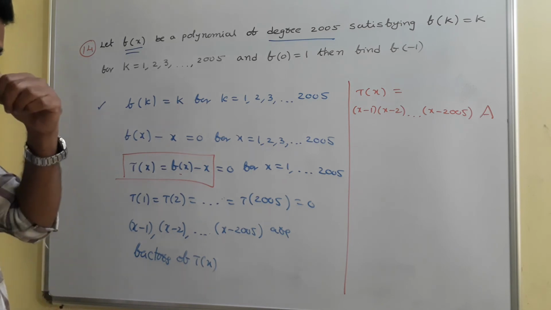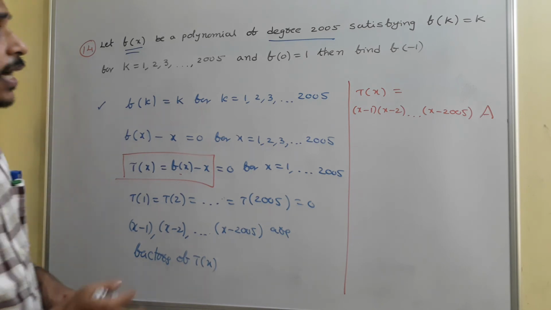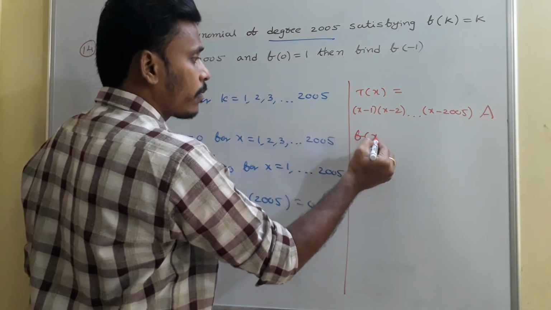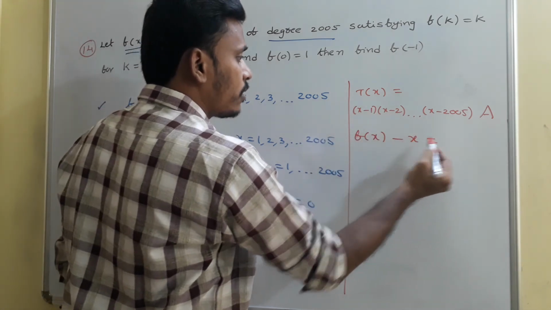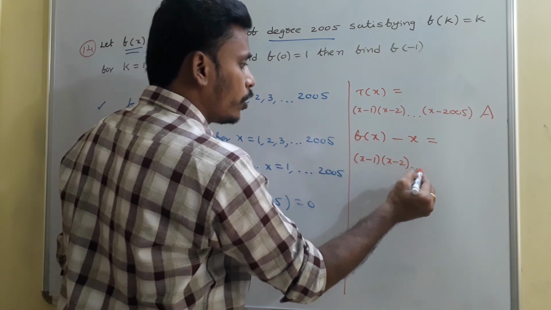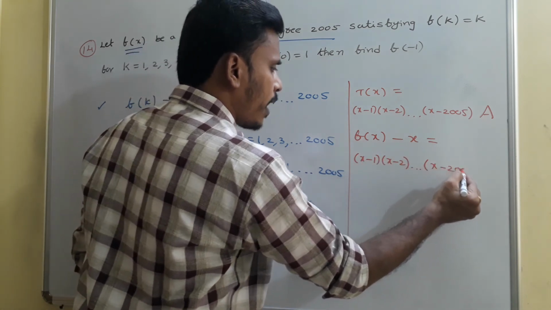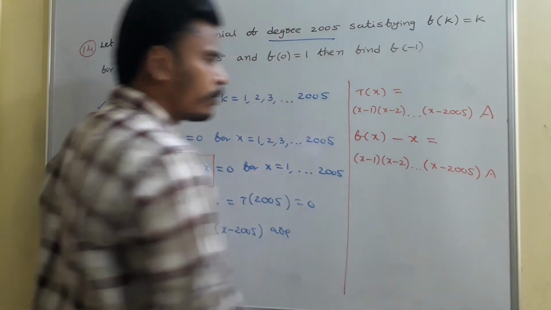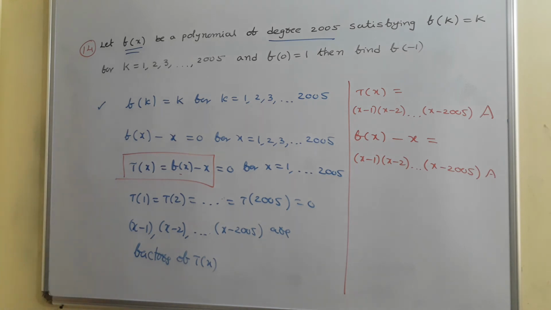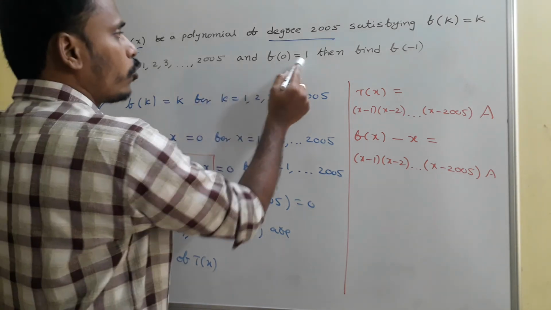Just have a look. For that, replace t of x with f of x minus x. f of x minus x equals x minus 1 into x minus 2 into and so on into x minus 2005 into a. Now we need to calculate the value of a. To find the value of a, replace x with 0, because f of 0 equals 1 is given.